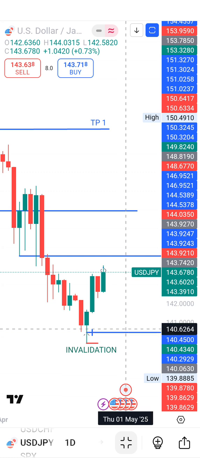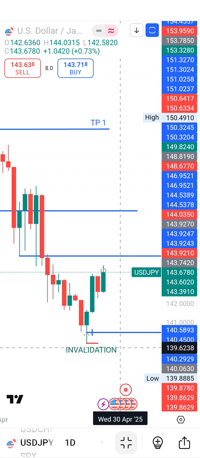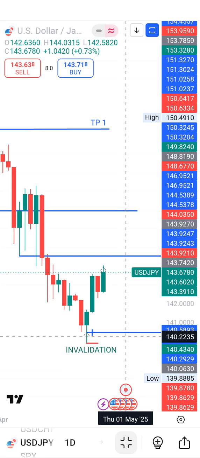But if price should take me out when it takes the low, I might also look for another confirmation entry to go bullish. So that is that on USDJPY. Let's hop into our EURUSD and GBPUSD to see what the week holds for us.